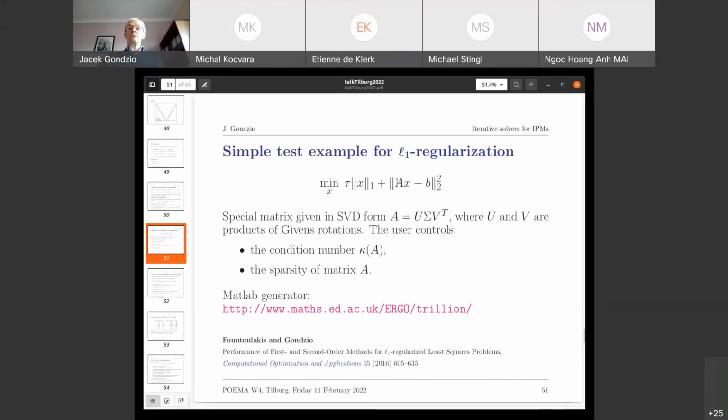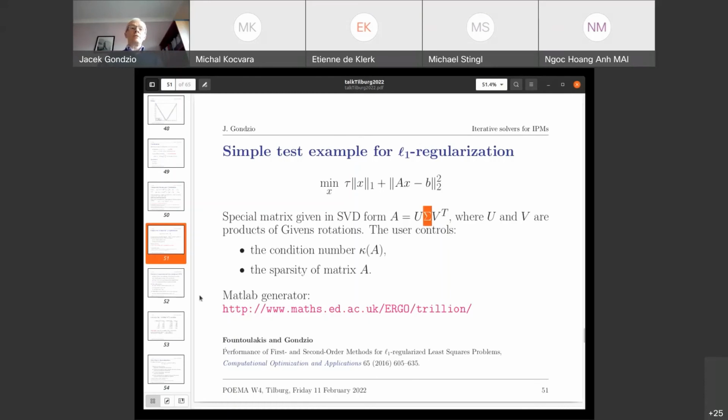It constructs a matrix A by assuming its singular value decomposition, where matrices U and V are orthogonal matrices constructed by Givens rotations, and we can control sigma, we can control the condition number of the problem. And that way we can produce problems which are easy or more difficult.